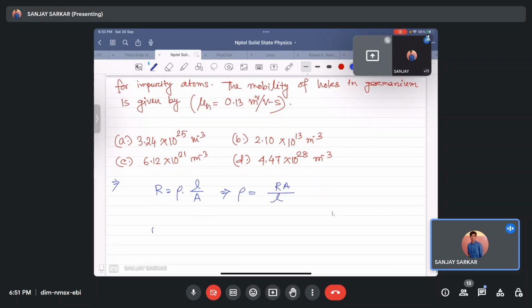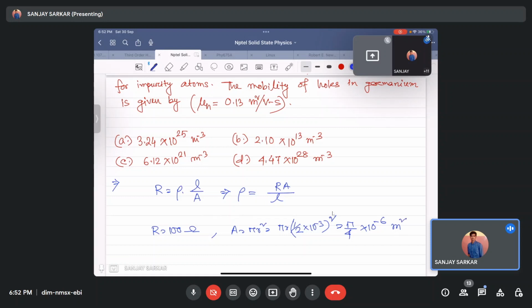Now here R is equal to 100 ohm. A is equal to pi into R square, that is pi into, so diameter is 1 millimeter, that is half millimeter, half into 10 to the power minus 3 square, that is pi by 4 into 10 to the power minus 6 meter square.